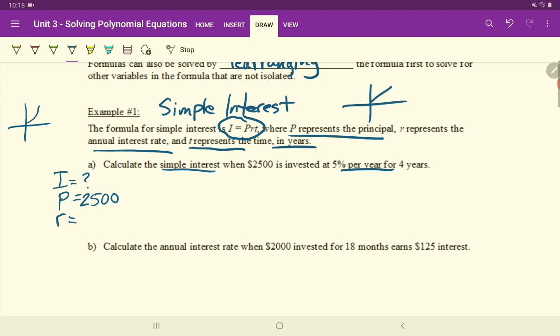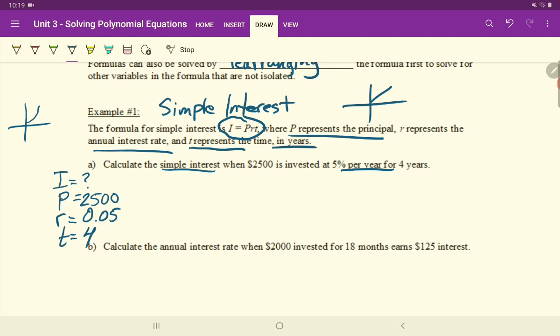Remember in our first unit, we did quarterly, monthly, semi-annually. This is simply per year. So our R value is very straightforward. It's just 0.05. We don't have to divide it by anything because it's just per year. And then our T is already in years, 4 years.